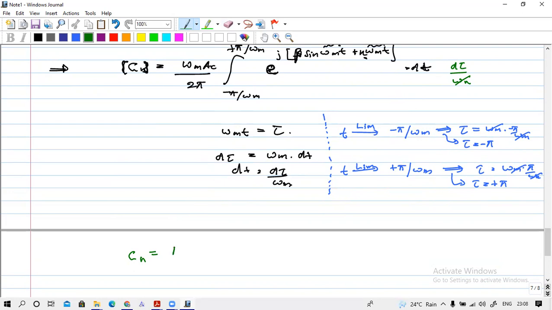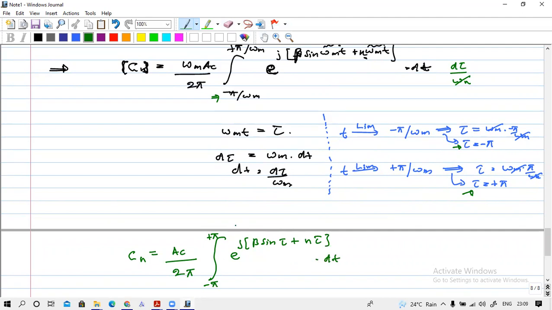So I have AC by 2 pi, integral with the lower limit changed to -5 and the upper limit changed to +5, of e to the power j beta sine tau minus n tau, d tau.